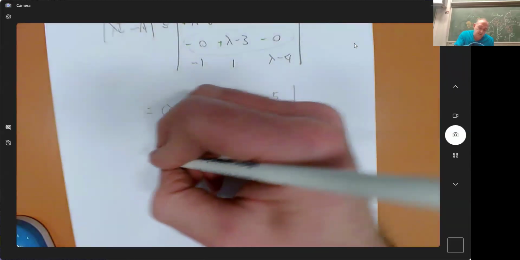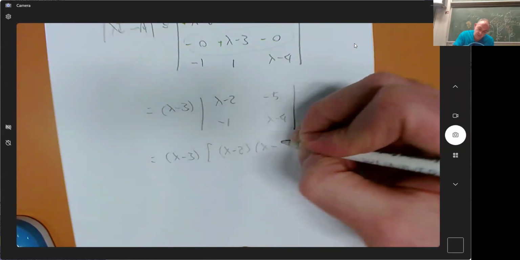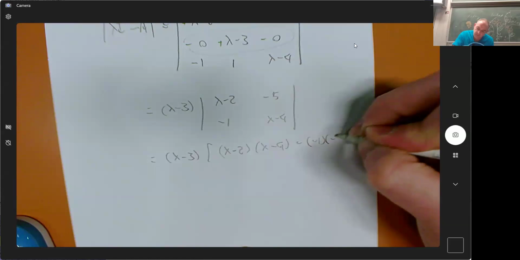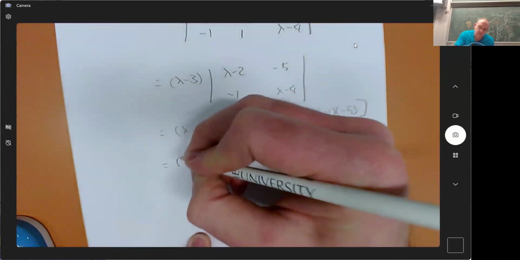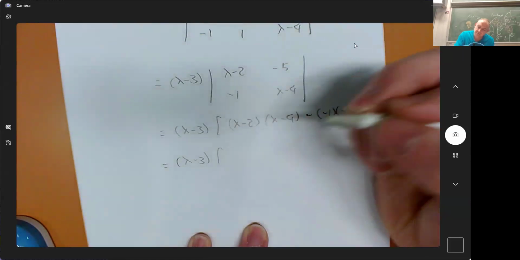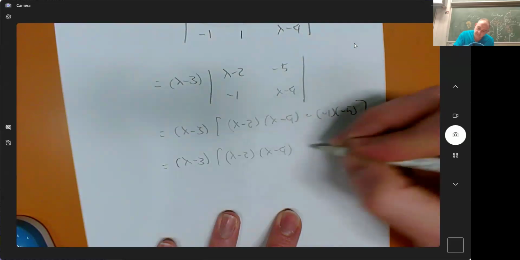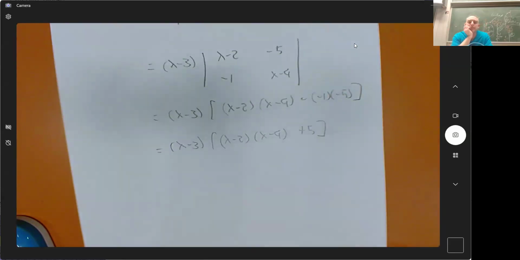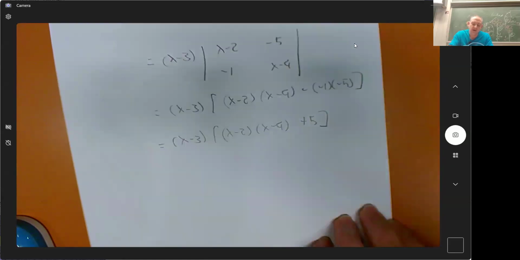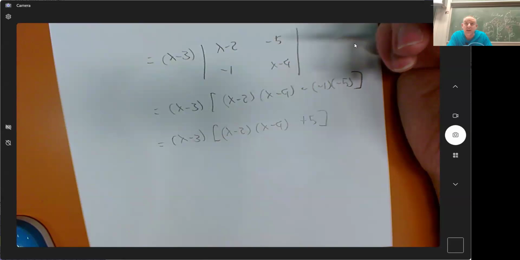And now it's an ordinary lambda minus 2, lambda minus 4, minus. Not a fan, people. So I would recommend at this stage, do not expand this out because the whole point is to factorize it anyway.